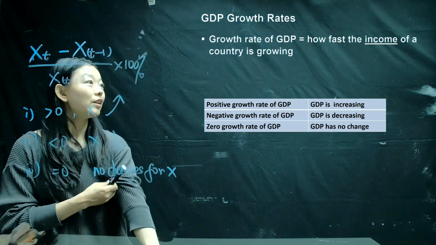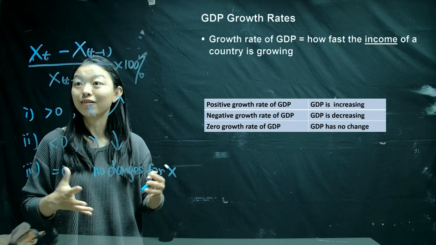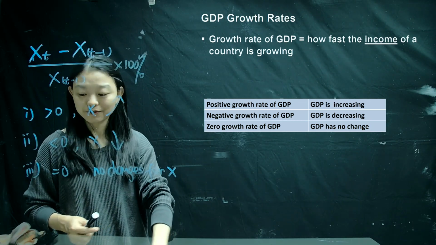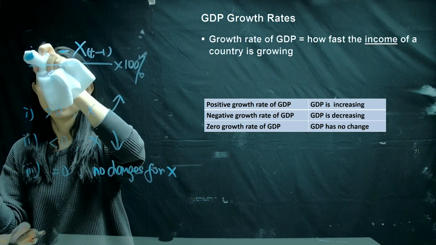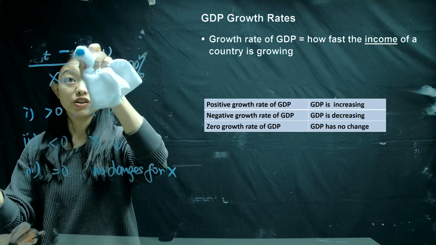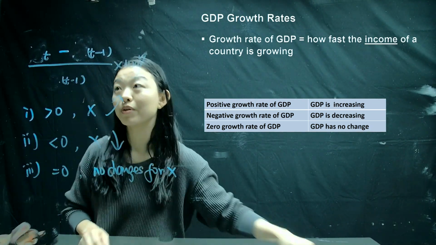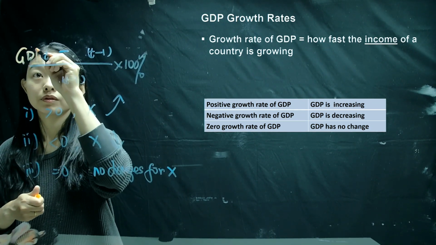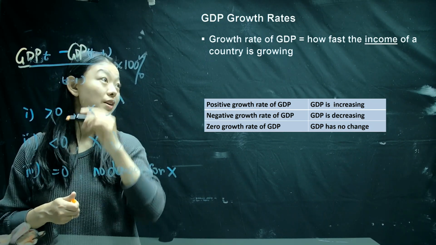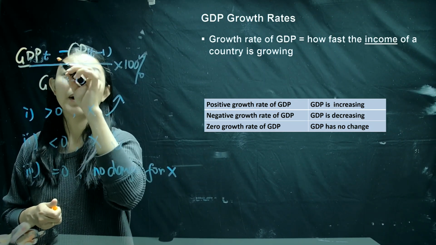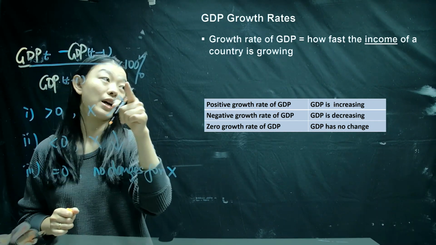The growth rate of GDP shows how fast the national income is growing. When we talk about the GDP growth rate, we change the variable x to GDP. So we use GDP in this time period minus GDP in the previous period, and then divide that difference by GDP in the previous period, times 100%.